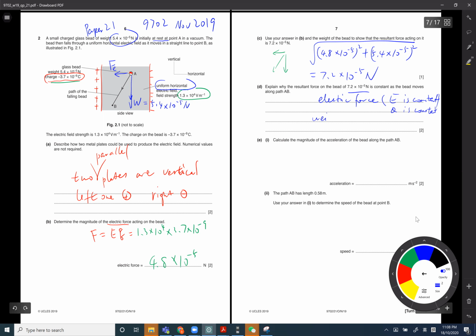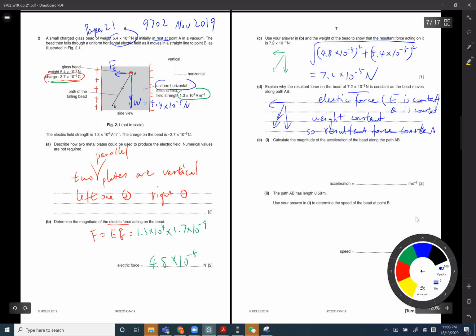And the weight is also constant. No change. So the resultant force is constant, because the horizontal one has no change, the vertical one has no change, so the resultant has no change.